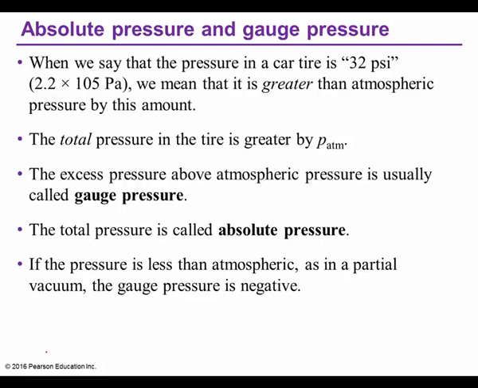The excess pressure above atmospheric pressure is usually called what? Gauge pressure, okay? And the total pressure is called absolute pressure. So if the pressure is less than atmospheric pressure, as in a partial vacuum, the gauge pressure would have to be negative.